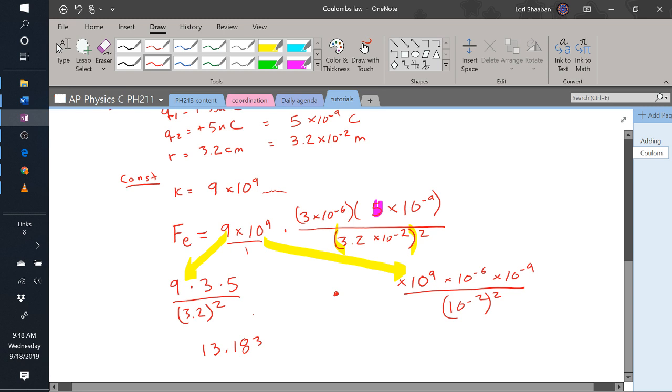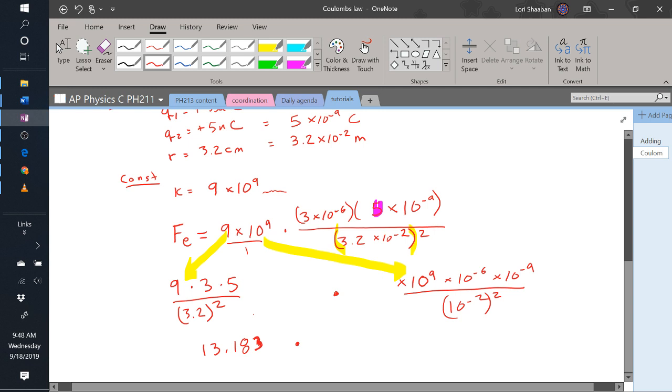So if I multiply the 9 times 3 times the 5 divided by 3.2, I divided by 3.2 twice because I'm using an iPhone. There we go. But you can do it by 3.2 squared.